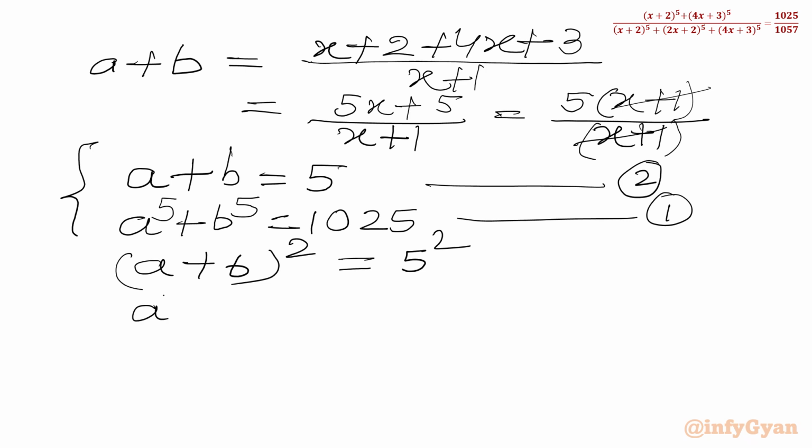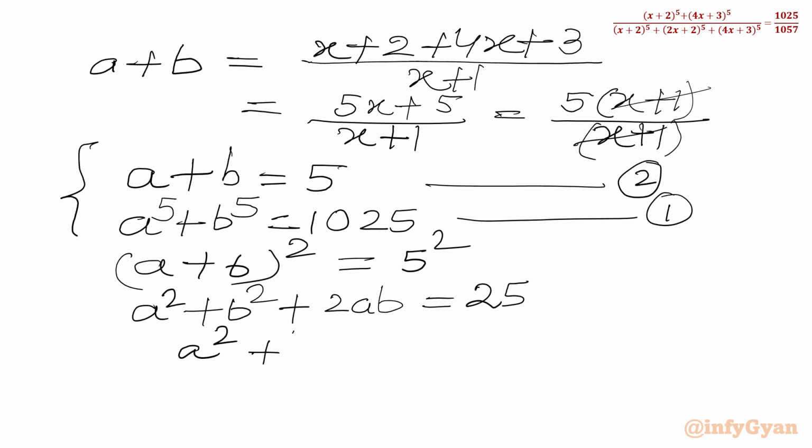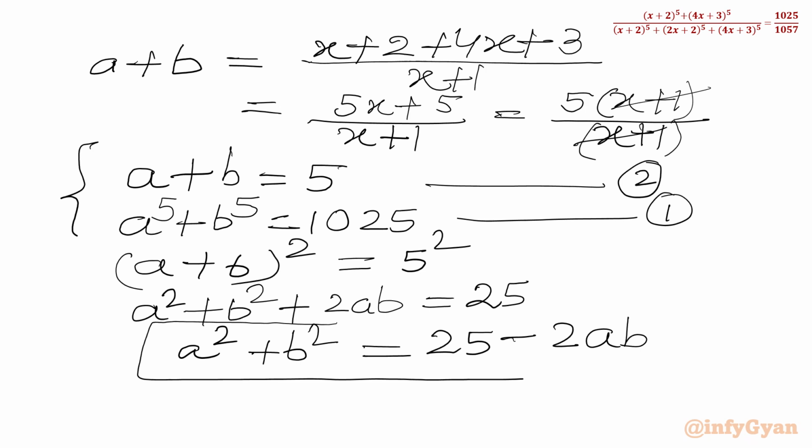I will write here A square plus B square plus 2AB. Right hand side will be 25. So I can write A square plus B square will be equal to 25 minus 2AB. So this is the value of A square plus B square, 25 minus 2AB.